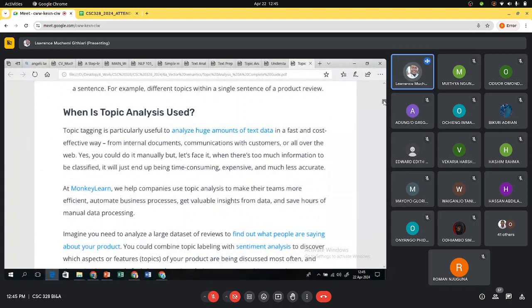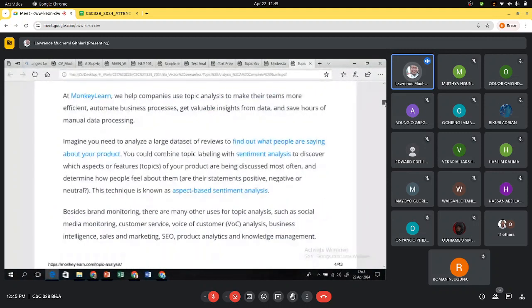Of course, you can apply it when you have huge volumes of data, and if you were to do it manually, it's very expensive, so you want to use these automated methods. Here they are advertising themselves: at MonkeyLearn we help companies use topic analysis. Imagine you need to analyze a large data set of reviews to find out what people are saying about your product.